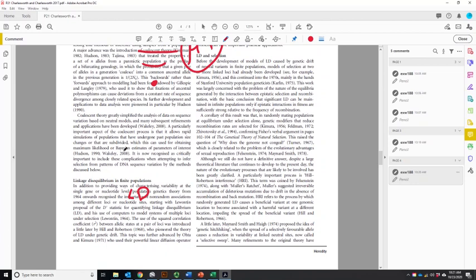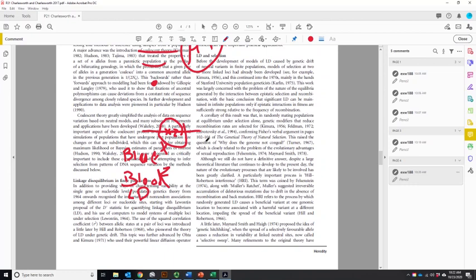So for instance, if you have blue eyes, and blue eyes is controlled by one gene, there should not be any association between, say, blue eyes and blood type. And that's true unless those two genes are found right next to each other. So maybe the I gene, which has a blue eye allele, and we'll just call the other the Z gene. If they are right next to each other on the chromosome, they are going to be linked together.